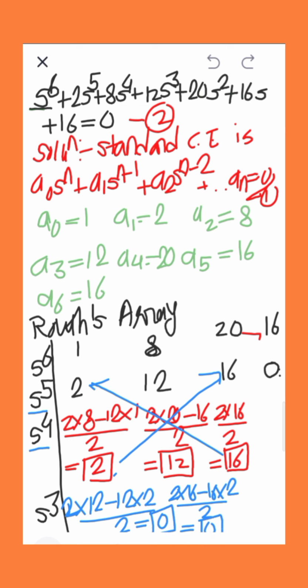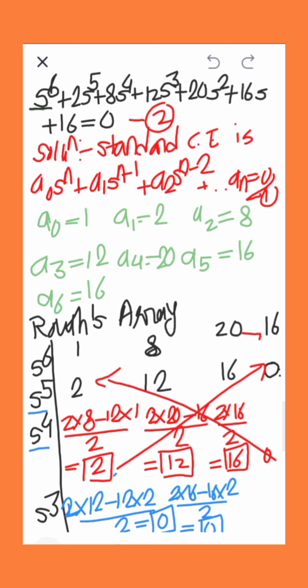Next, here the term is 0. Next is 2 into 0 minus 0 into 2 upon 0, again a 0.